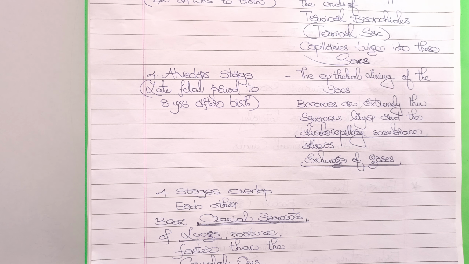The fourth one is the alveolar stage, late fetal period to 8 years after birth. The epithelial lining of the sacs becomes an extremely thin squamous layer and the alveolo-capillary membrane allows exchange of gases.